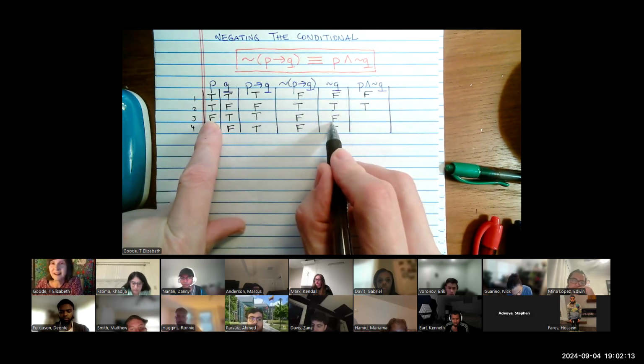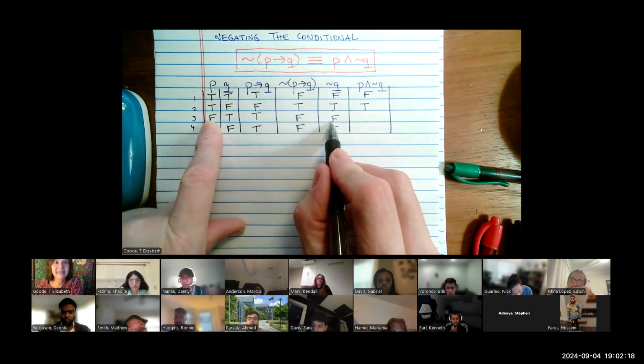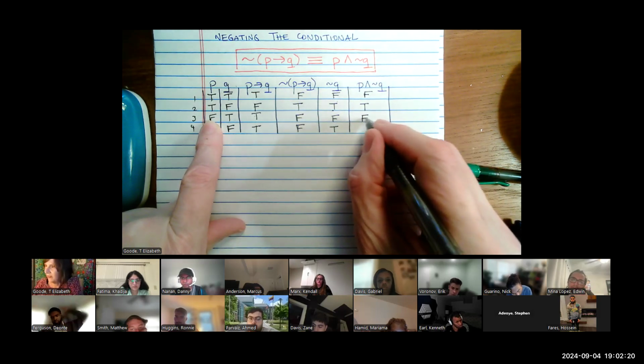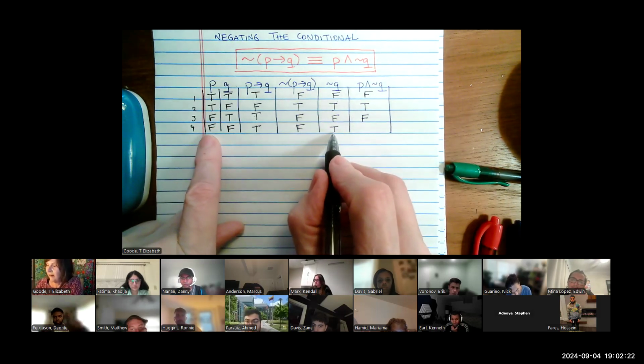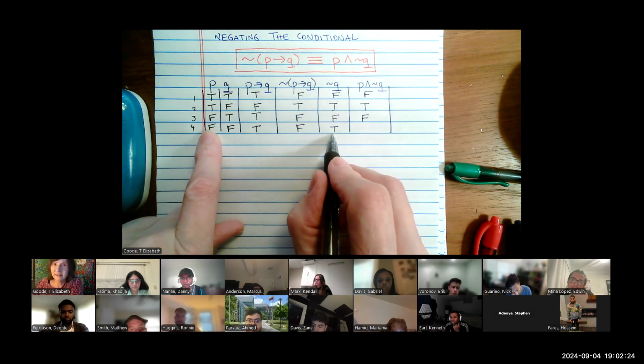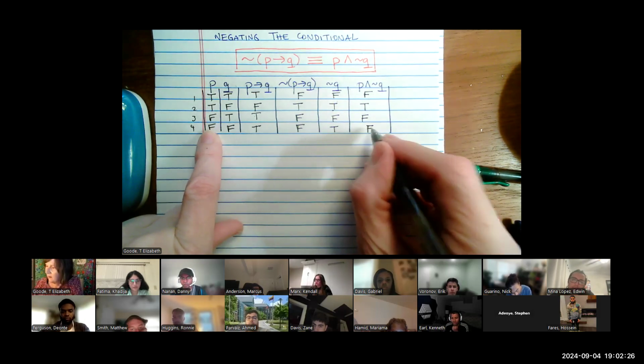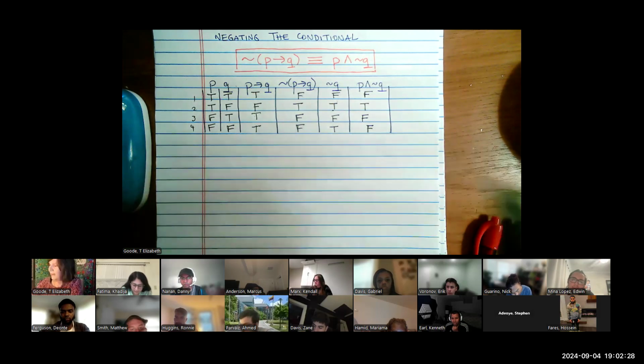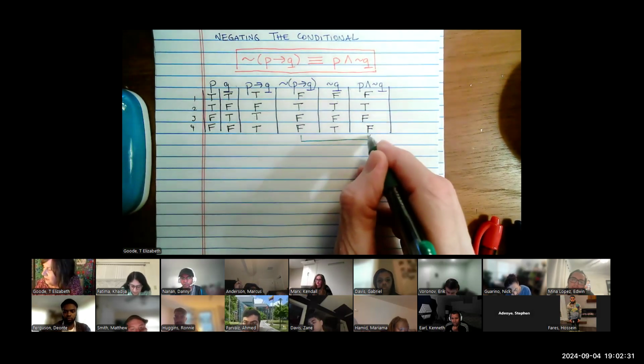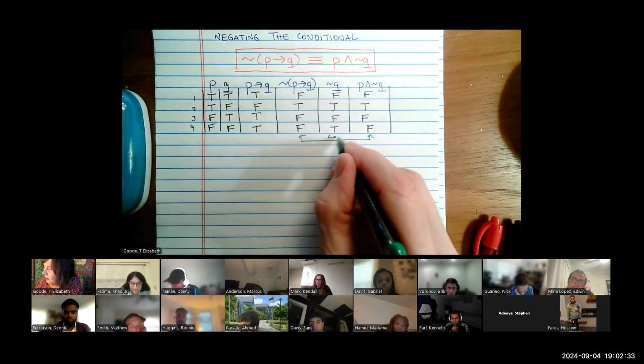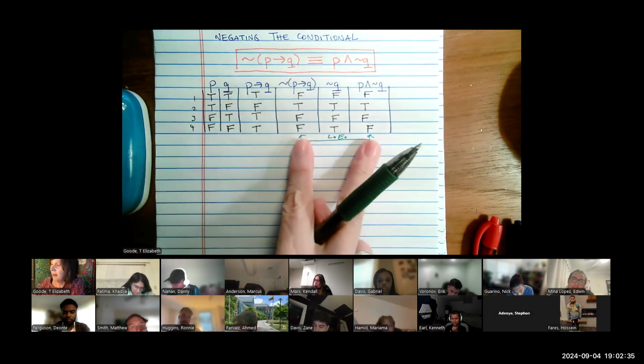Row 3. False and false. That's right. Thanks, Hossein. Row 4. False and true. False again. Thanks, Hussein. All right, so here we go. Check it out. These are logically equivalent because these are identical columns.